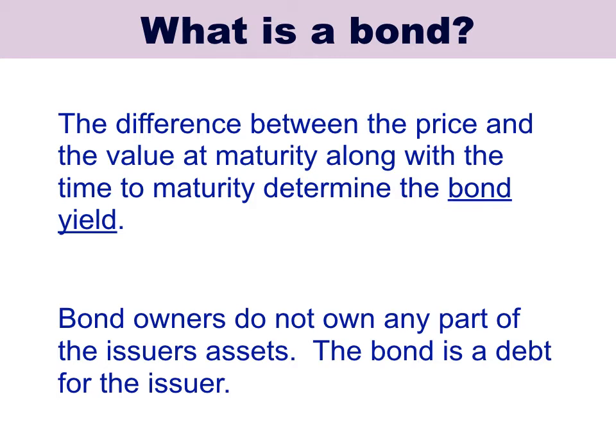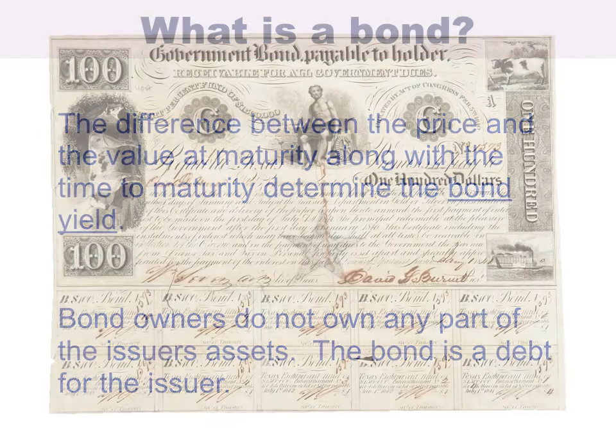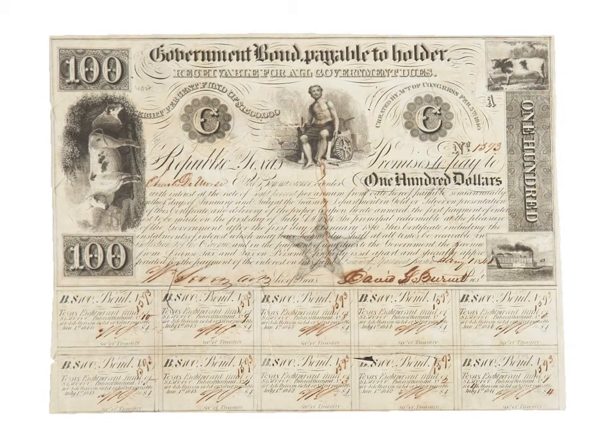So let's take a look so we can get a better picture of a bond. Here's a bond. This one happens to be a government bond. And we can see that it is a $100 bond. Fairly clear. It says that everywhere. Fairly old bond by the looks of it. It's a paper bond.